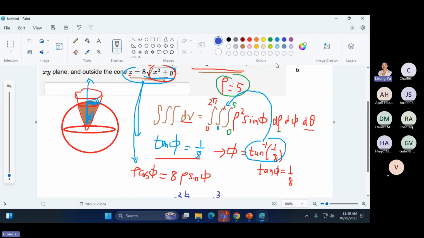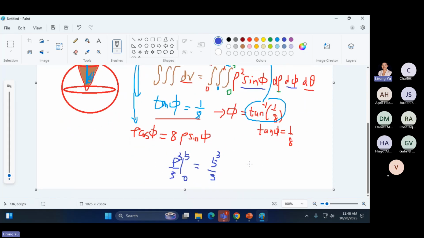And then for d phi, the antiderivative of sine phi d phi is negative cosine phi. Lower limit is 0, upper limit is tangent inverse of 1 over 8.